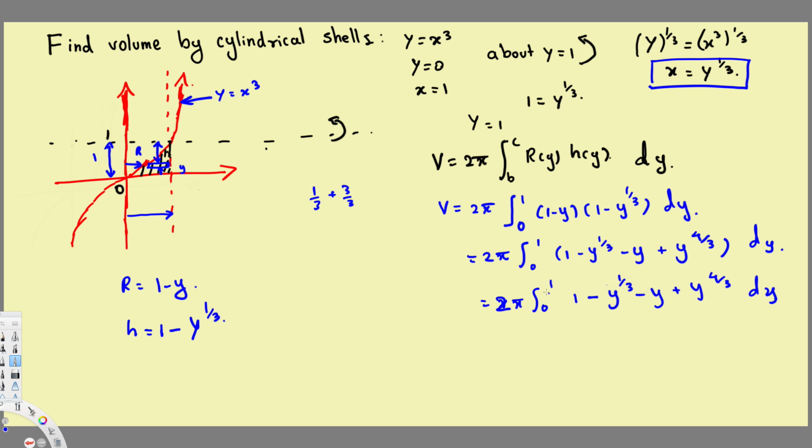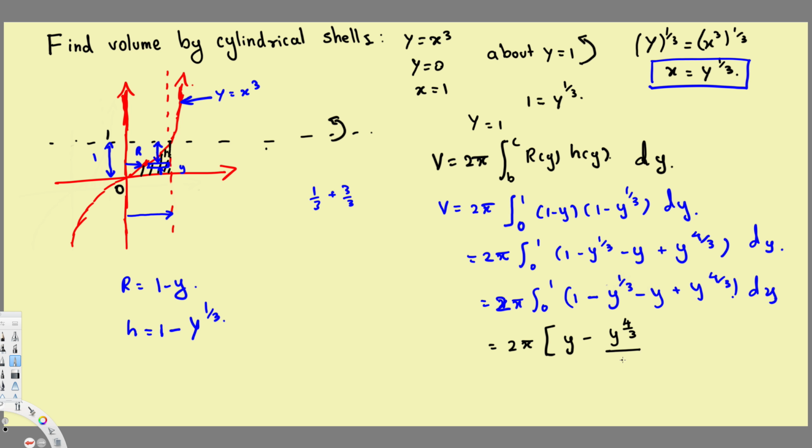Let's do the integration. If we do the integration, this is going to be 2π times y minus, if I integrate this one, 1 over 3 plus 1, that is equal to 3/3 plus 1/3, which is 4/3. So this is going to be y^(4/3) divided by 4/3.